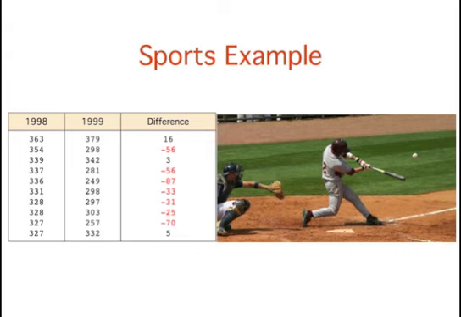As can be seen in the table, 7/10 of the players had lower batting averages in 1999 than they did in 1998. Moreover, those who had higher averages in 1999 were only slightly higher, whereas those who were lower were much lower. The average decrease from 1998 to 1999 was 33 points.